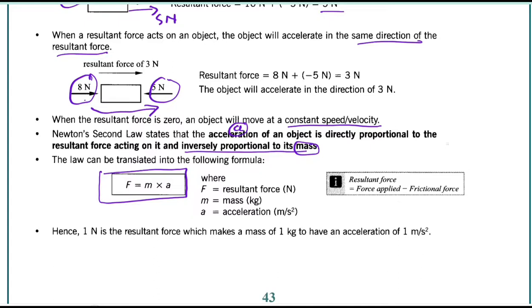So if we have F equals ma, and we want to relate m to a, then F over m will be equal to a. Let's say for example we have F, we would find that a will be inversely proportional to m. That's what they're trying to say by the statement, right?